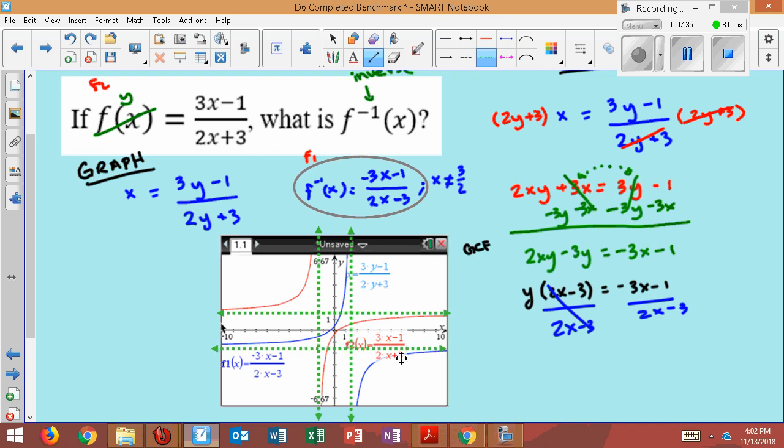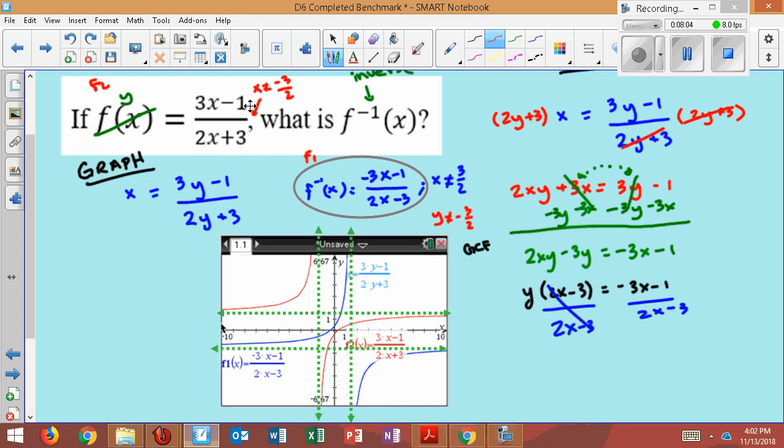So this one's domain restriction here is that if we wanted to write it in, we would say that x cannot equal, you'd solve it because you're not allowed to divide by 0, -3/2. That would be this one's domain restriction, so that x could not equal on the red equation -3/2, which meant the y over here would not equal -3/2.